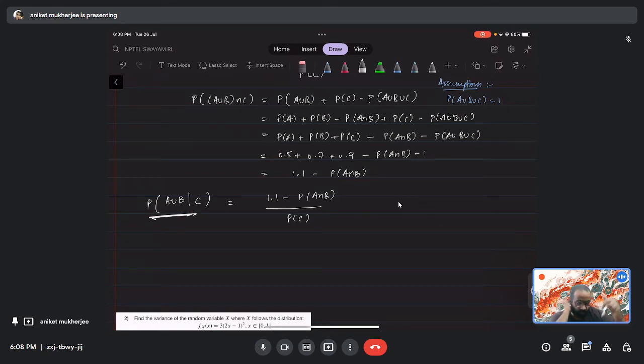We have probability of C as 0.9, so I'll replace this with 0.9. The maximum value of probability of A union B given C is achieved when probability of A intersection B is minimum.